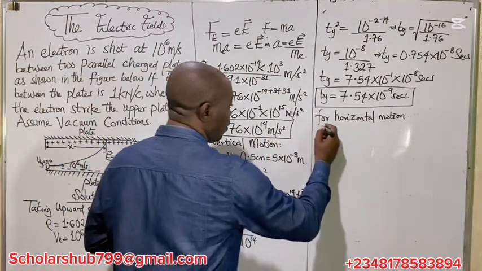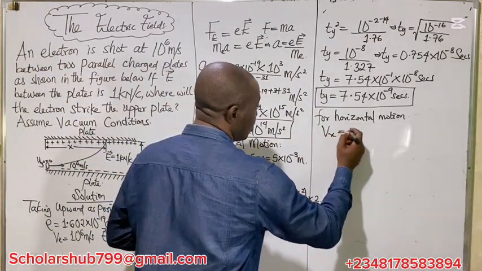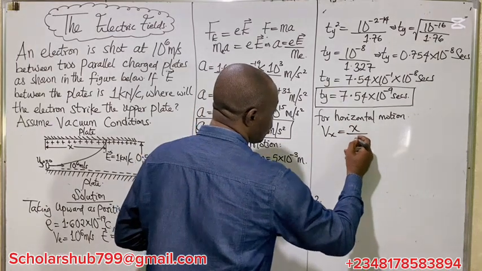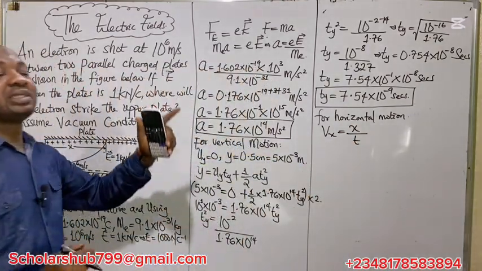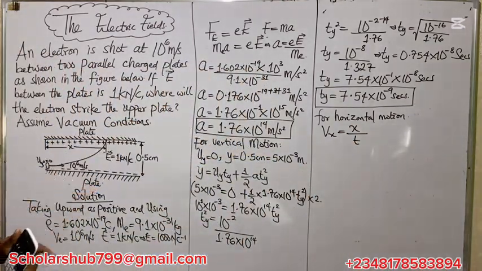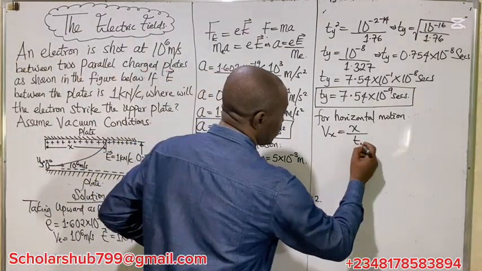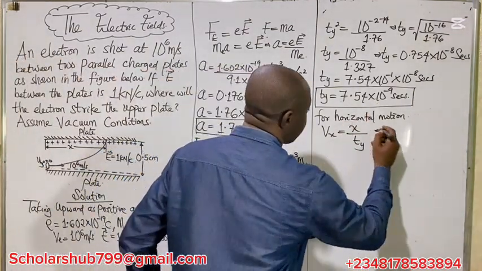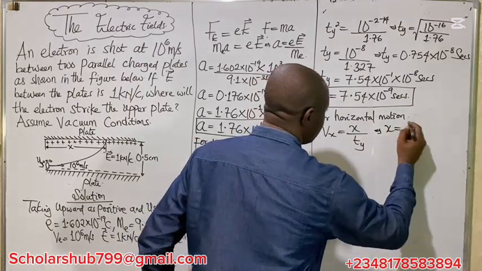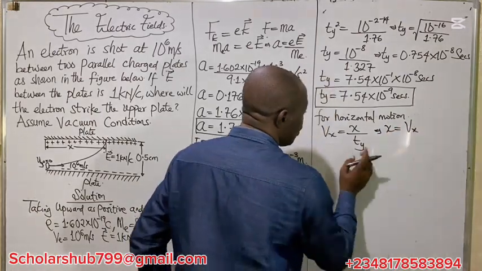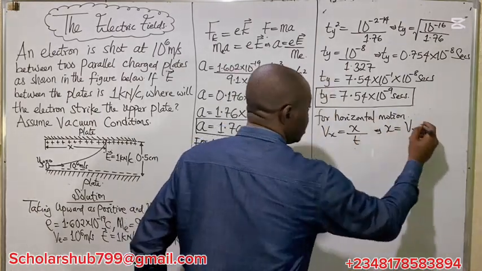So we have the horizontal velocity equal to the distance over what? The time it takes the electron to strike the upper plate. So this ty. So we then have x equal to, I can actually leave this as t.